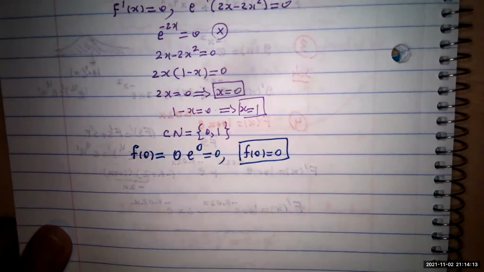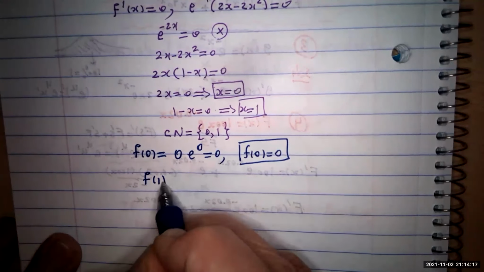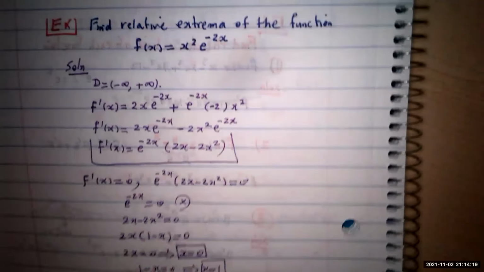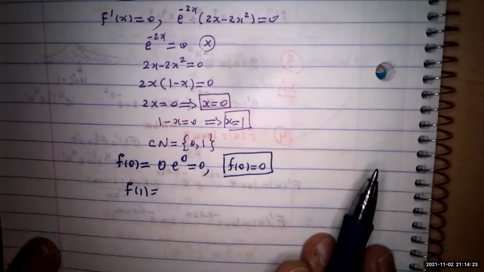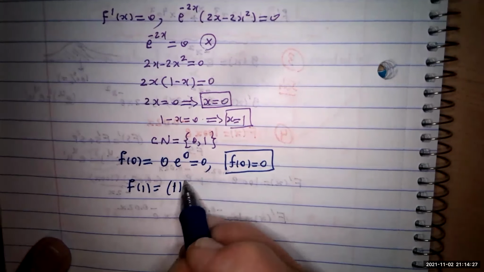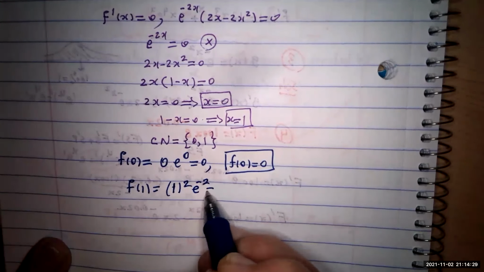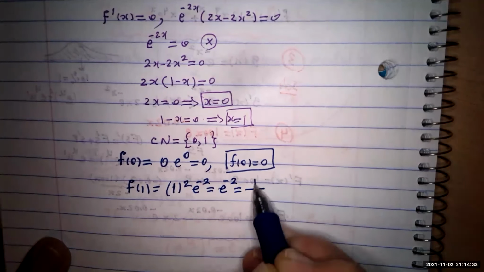Then you have to find f of 1. What is going to be f of 1? Again, you put x equal to 1. If you put x equal to 1, that gives you 1 squared, if you like, times e to the negative 2. So it's going to be just e to the negative 2. E to the negative 2 would be 1 over e squared.